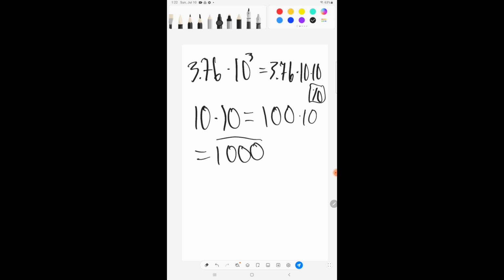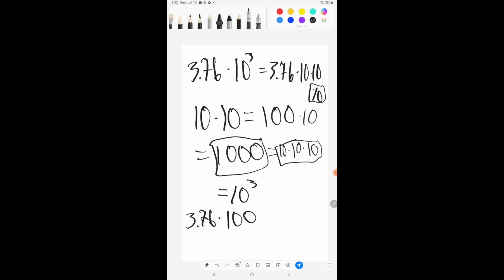And so if 1,000 is equal to 10 times 10 times 10, and 10 times 10 times 10 is equal to 10 to the third, then we can say 3.76 times 1,000.